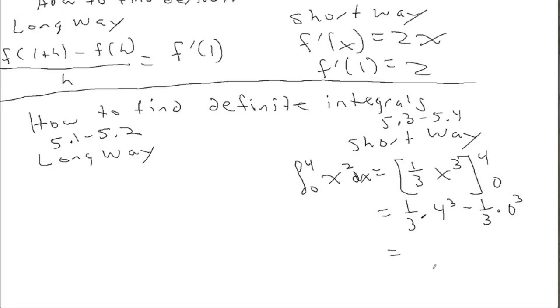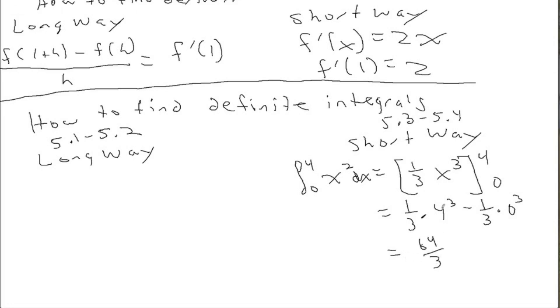All right, so we may as well get an answer. 21.333 repeating. Good. So I guess your instructor wants those exact answers. So you can change that into a fraction. 64 thirds. Right. Or I don't know if you recognize it, it just looks like 21 and a third, right? So you could write it as 21 and a third or 64 thirds.